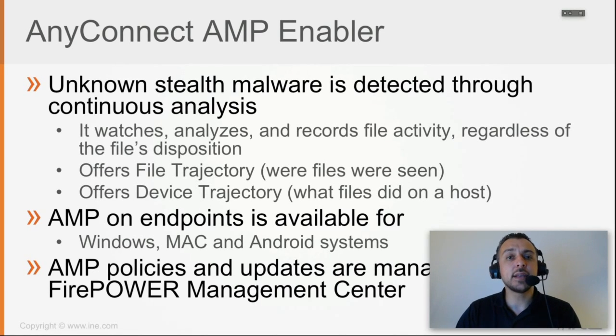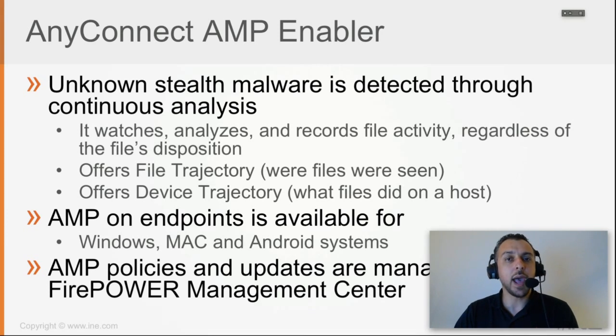Now, of course, AMP has a set of signatures, does machine learning, machine behavior analysis, but pretty much the intelligence of AMP is not on premises, it's in the cloud. We spoke before about the web security appliance, email security appliance, NGIPS, next generation firewall, all of them having that AMP capability, and also now AMP on the endpoints.